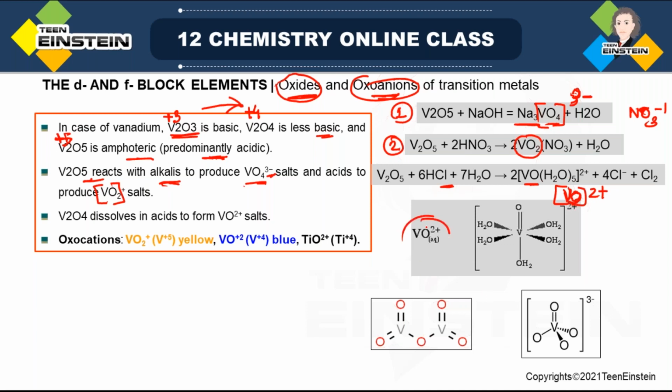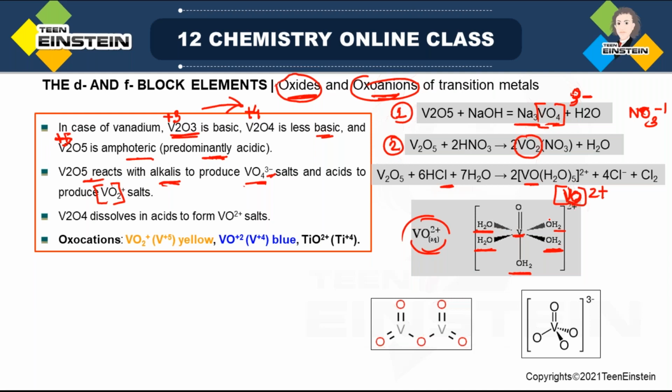So for this VO 2 plus oxocation, you can also look at the structure. V is attached with oxygen by a double bond, and a total of 5 water molecules are surrounding it. So what is the coordination number here? The coordination number is 6, because you have a total of 5 H2O and 1 oxygen.